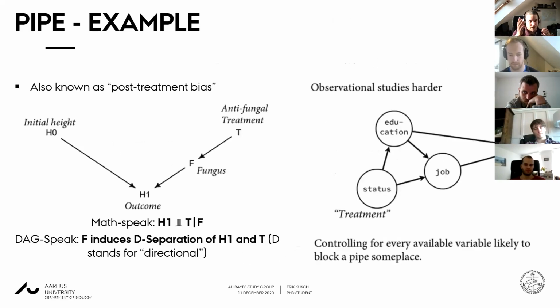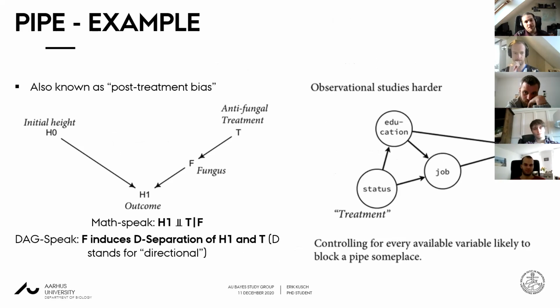So as an example, and I totally forgot I put that in here, is the fungus example that I just talked through. And in DAG speak, and I was really happy that someone finally explained this to me in a way that I could understand properly, because I usually don't get the super complex formulae that people in graph theory like to use.